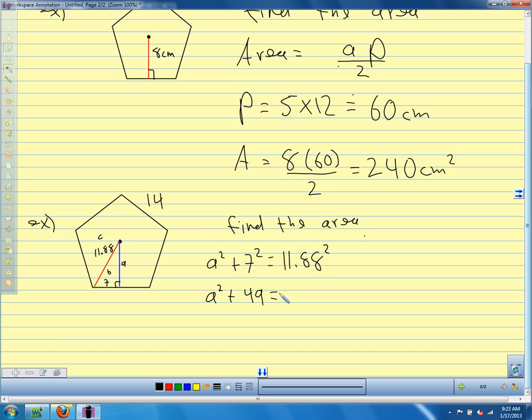There we go. So I'm going to put 11.88, square that, and I get 141.13. Subtract 49 from both sides. I get A squared equals, and I put that in my calculator, subtracting 49, I get 92.13.